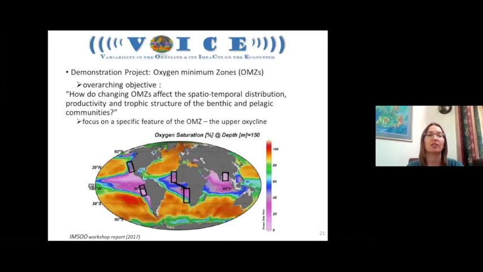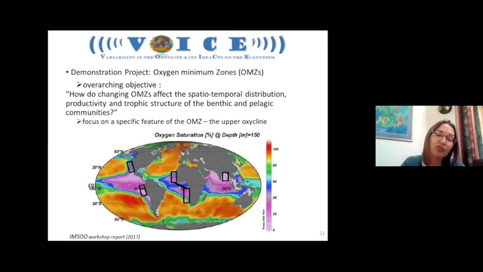And then I also just briefly wanted to mention the VOICE project, which is variability in the oxycline and its impacts on the ecosystem, an international demonstration project focusing on oxygen minimum zones and how the changing oxygen minimum zones affect the spatiotemporal distribution, productivity, and trophic structures of the benthic and pelagic communities, here specifically focusing on the upper oxycline.